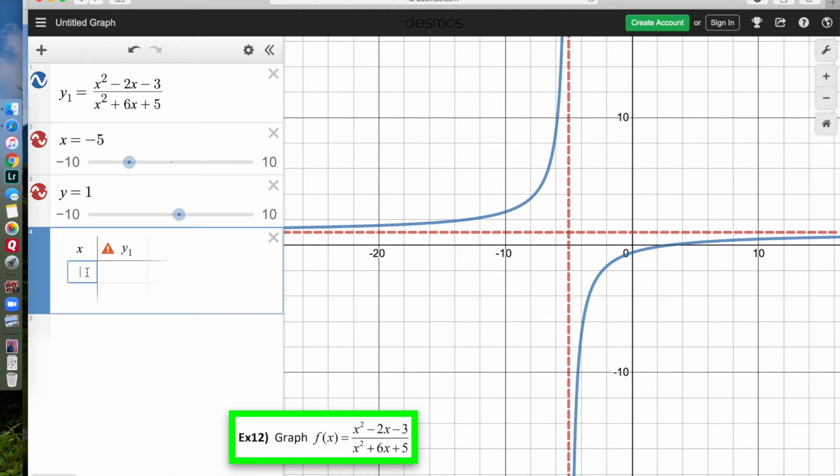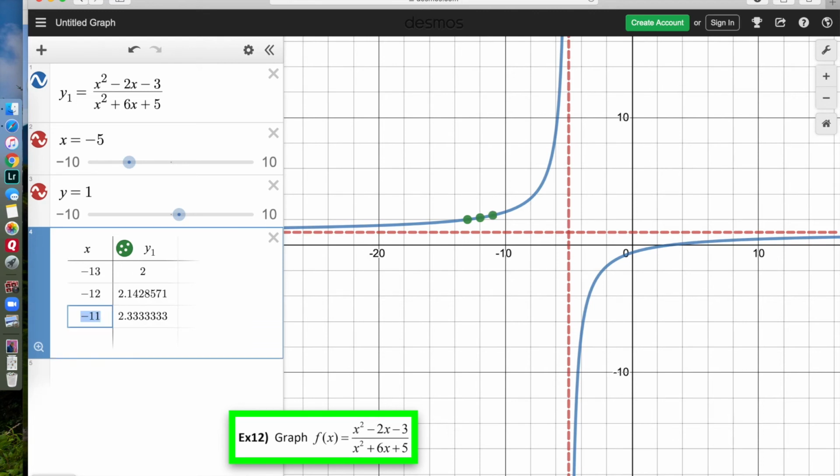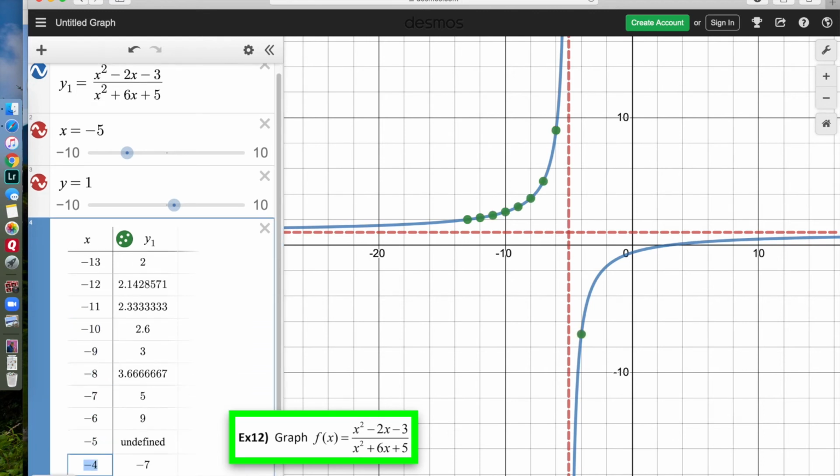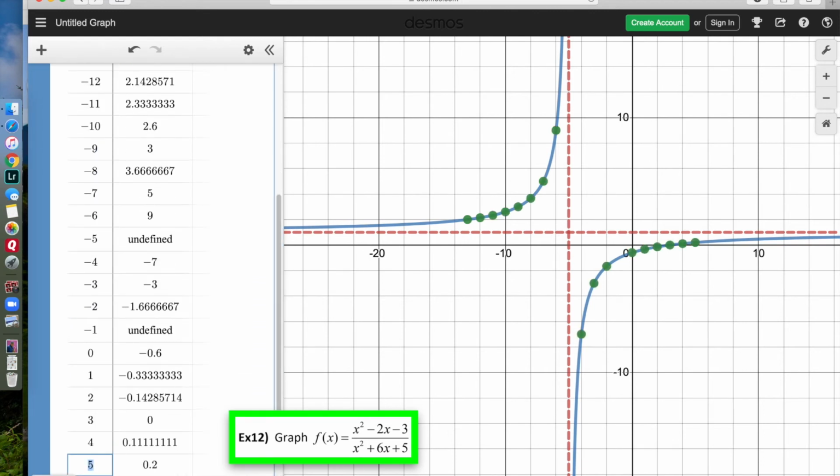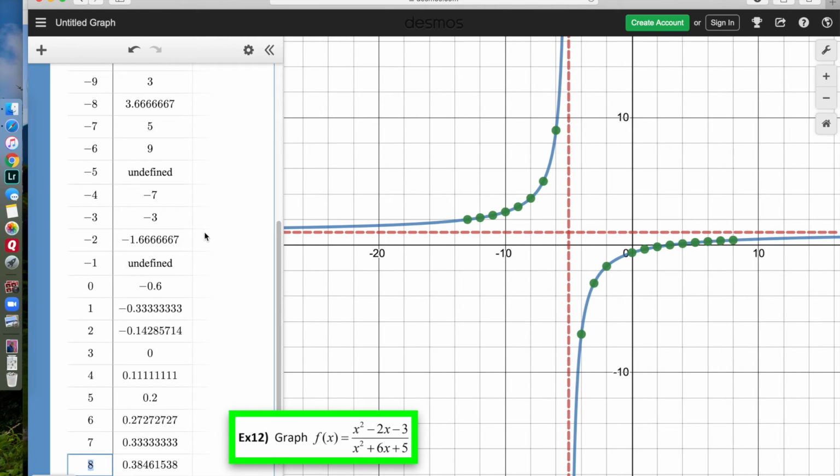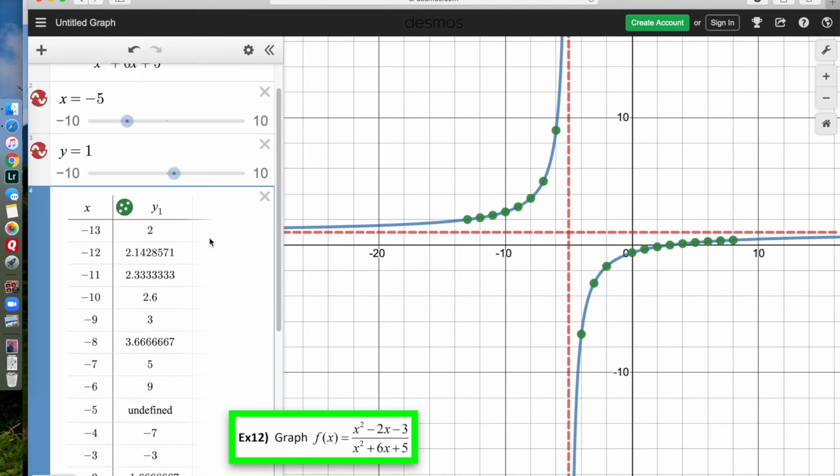Now I see the graph space that Miss Applebacher gave you starts at -12. So let me start with -13, -12, and then I'll just put in a bunch of x values until I get a little bit beyond the space that I have to graph.